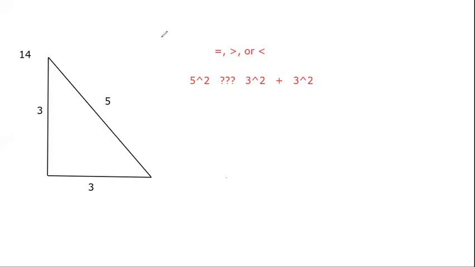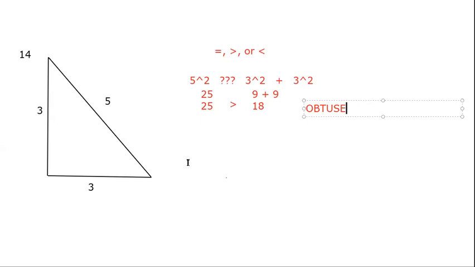So we know we have 25, and we have 9 plus 9. So that gives us 25 and 18. Well, what goes there? Definitely the greater than. So 25, the square of the longest side, is greater than the sum of the squares of the legs. That means you have an obtuse triangle. Anytime that is bigger, you have an obtuse.